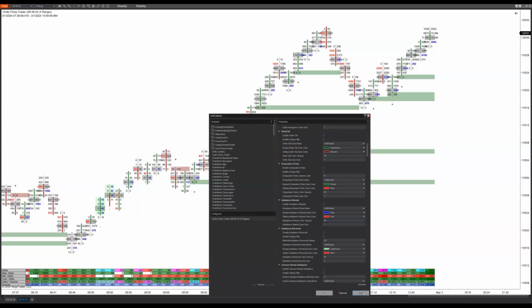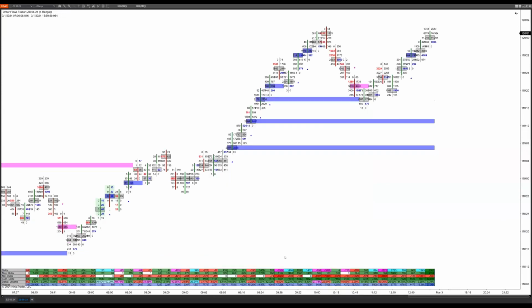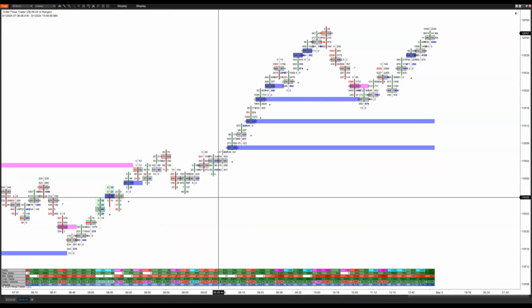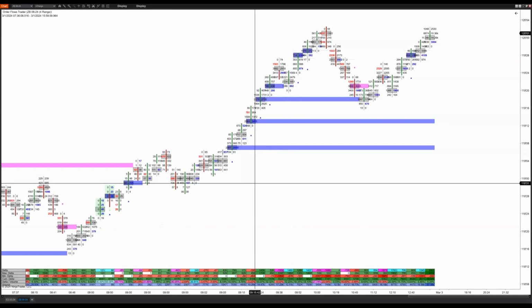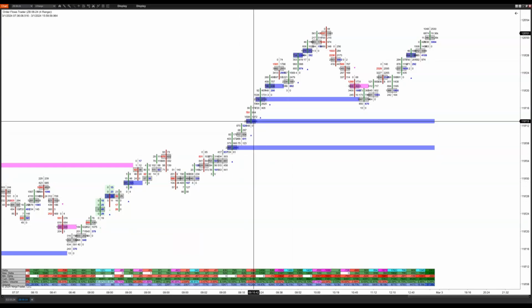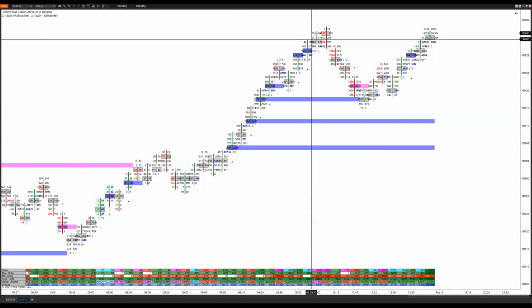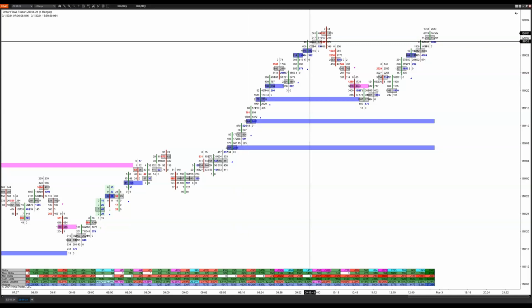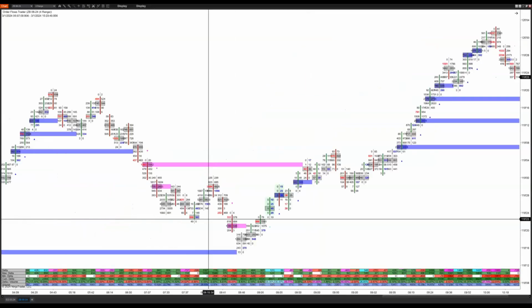Turn that off. Oh, there's the bonds. Boom, boom, boom, boom, boom, boom. Catch this move. What is that? 12. It's up to the figure. It's a nice move to catch.